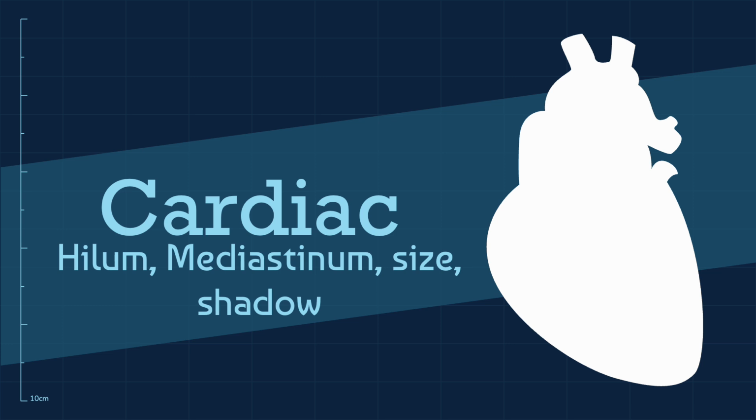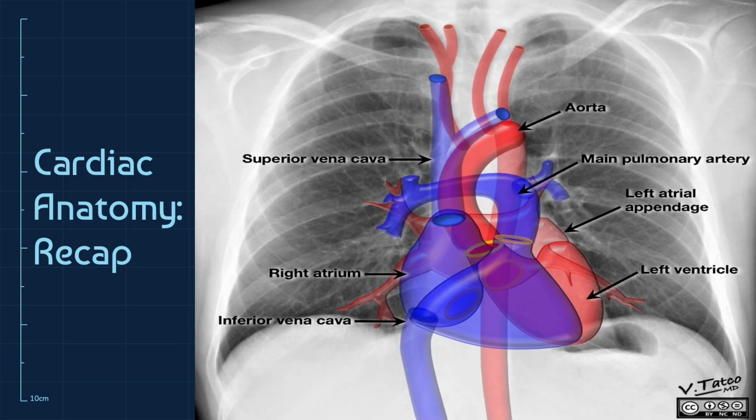Okay, moving on to the third portion of our systematic approach, we got to C, which is cardiac. And with cardiac, we look at the hilum, mediastinum, and the sides of the heart, as well as the cardiac shadow. Now, going over some of the basics of cardiac anatomy, we know that the orientation of the heart means that the different borders that appear radiologically indicate different parts or different chambers of the heart.